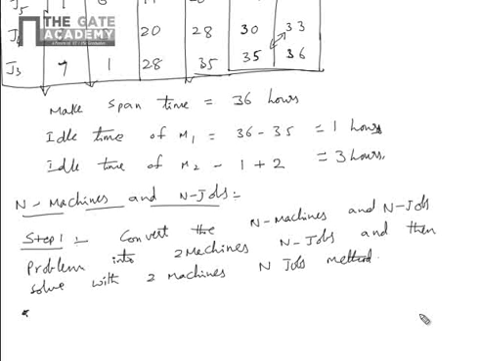Suppose jobs 1, 2, 3, 4, so n jobs, and machine 1, machine 2.